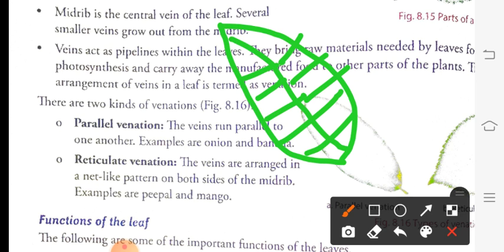What are the examples of parallel venation? Examples of parallel venation are onion and banana. In onion and banana, the veins are arranged parallel to each other, so this pattern is known as parallel venation.